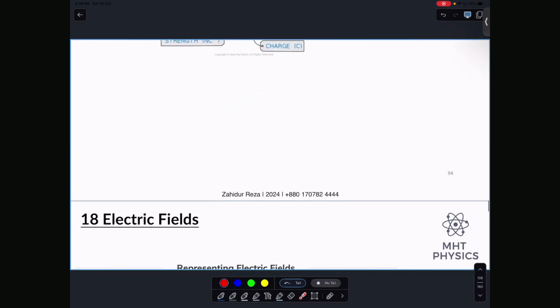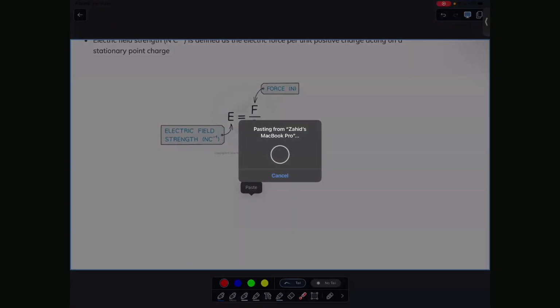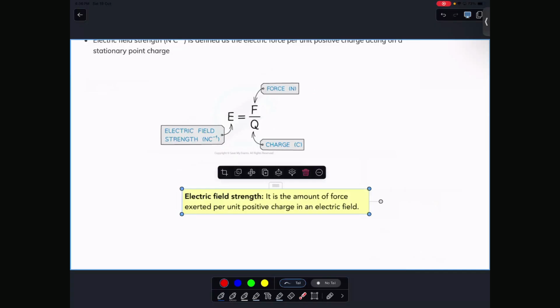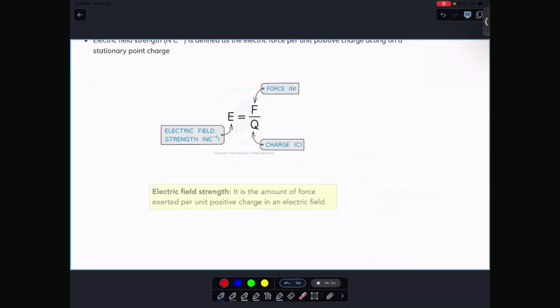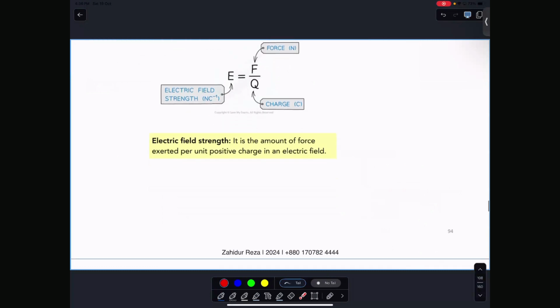This is the equation, the definition. So what's electric field strength? It is the amount of force exerted per unit positive charge. Some of the data say positive, but it's actually true for anything. Right. So electric field strength is the amount of force exerted per unit positive charge in an electric field.